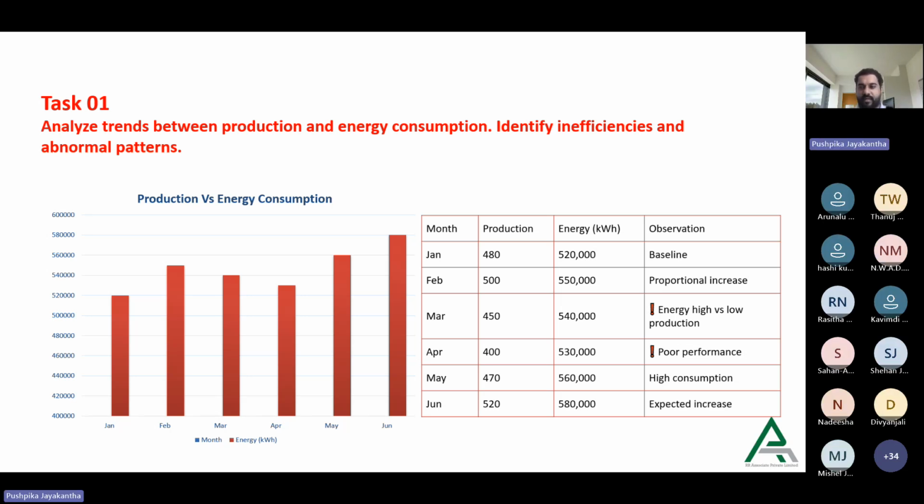In task 1, you have to identify the trends between production and energy consumption and identify inefficiencies and abnormal patterns. So I think the hum says there's an abnormal pattern in January, February, April, May, and abnormal energy consumption. Okay, good.